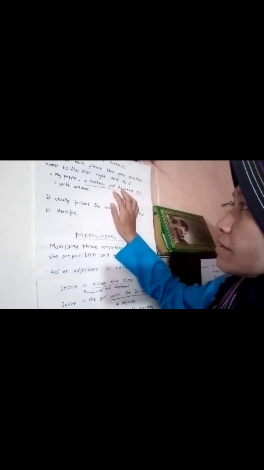The next phrase is an appositive phrase. It's a noun or noun phrase that gives another name to the noun right next to it. For example, my puppy, a Maltese and Havanese mix, is gentle and smart.